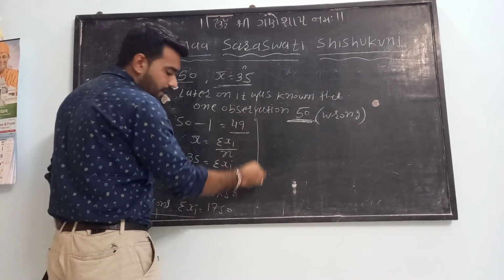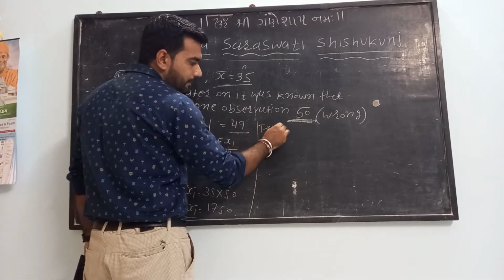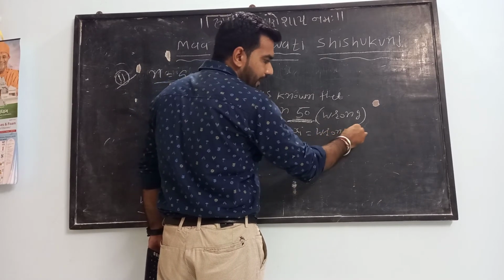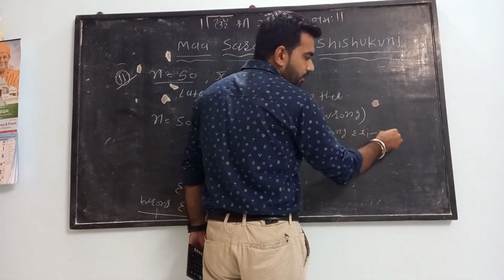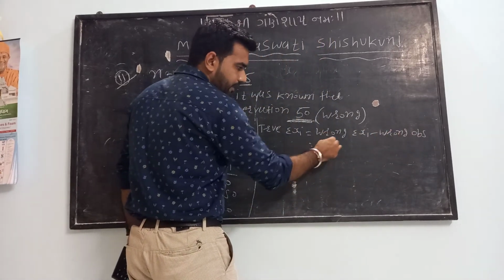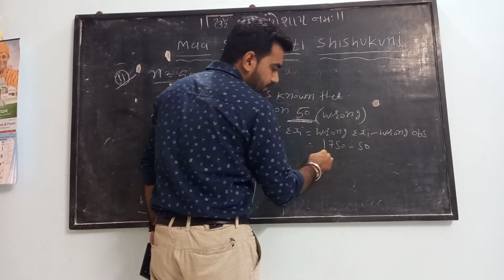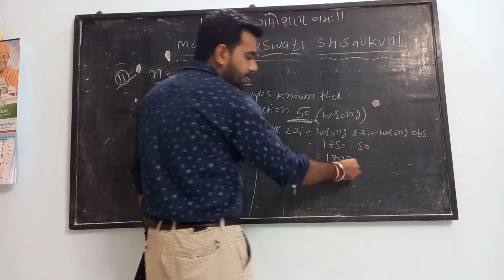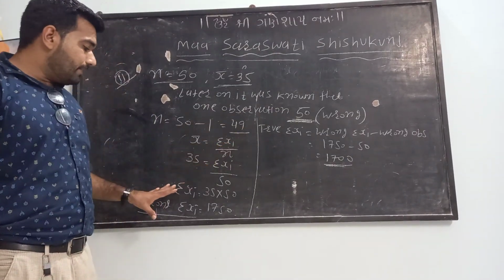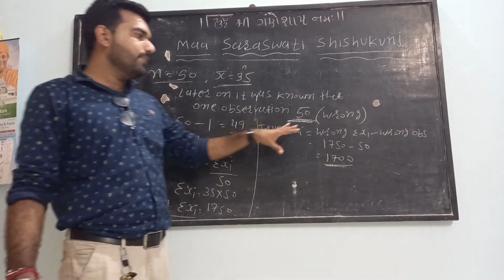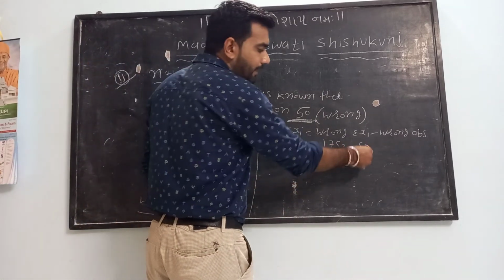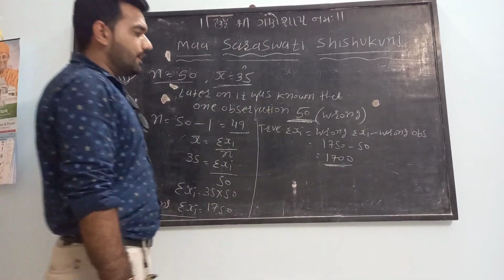First we have to find the true sigma xi: true sigma xi is equal to wrong sigma xi minus the wrong observation. So 1750 minus 50 is 1700. This is our true sigma xi.